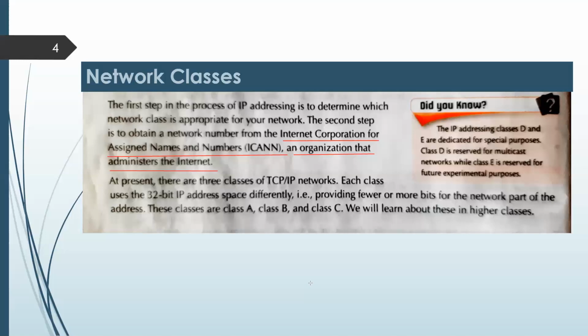The second step is to get permission from ICANN, which administers the internet. TCP/IP is using three classes at present, and each class uses a 32-bit IP address. These classes are A, B, and C. Okay, so let us proceed to the next topic.